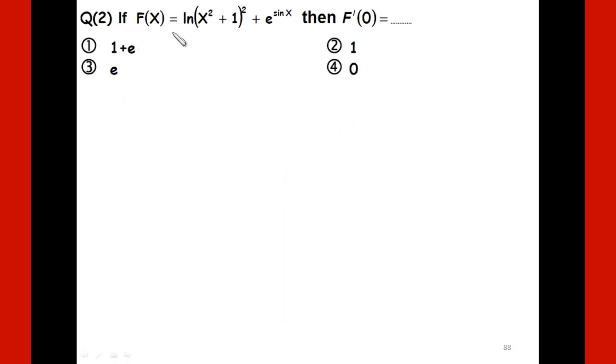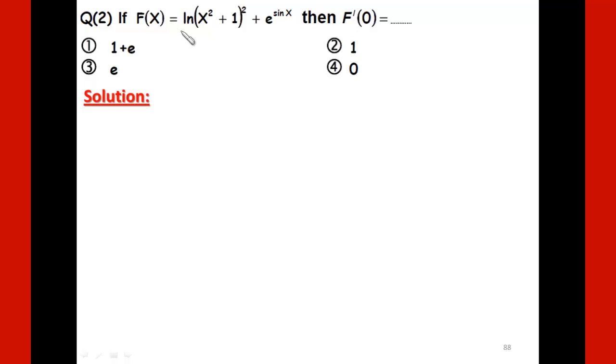Question 2. If f of x equals ln x squared plus 1 all power 2 plus e power sine x, find f dash of 0. f dash of 0 equals one of these 4 answers. So first we will make the first derivative of f of x. Solution.